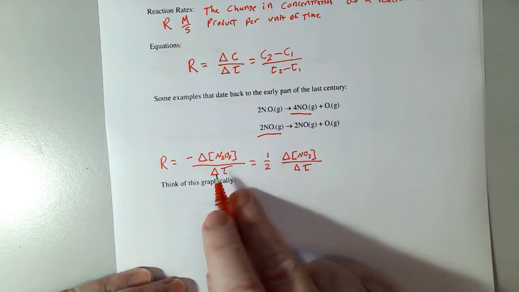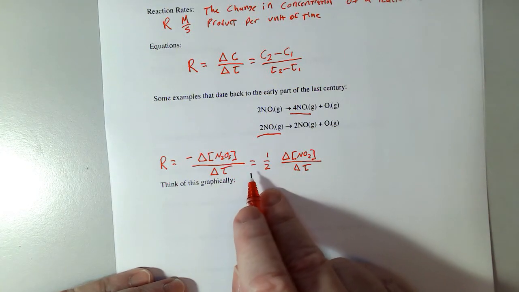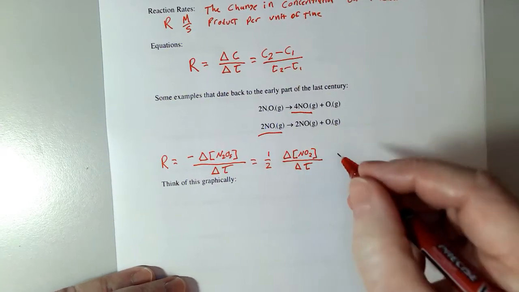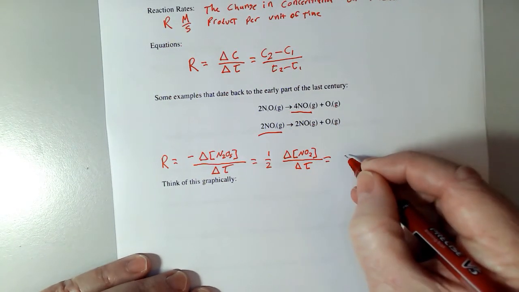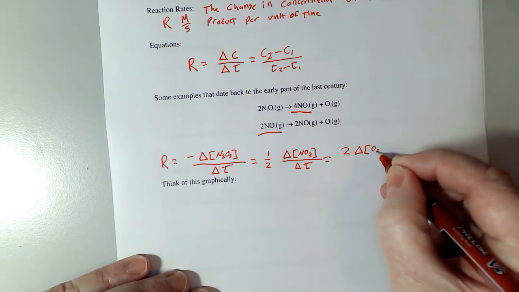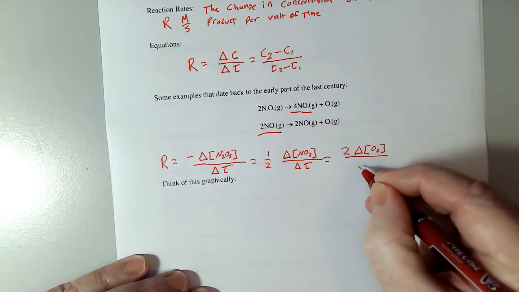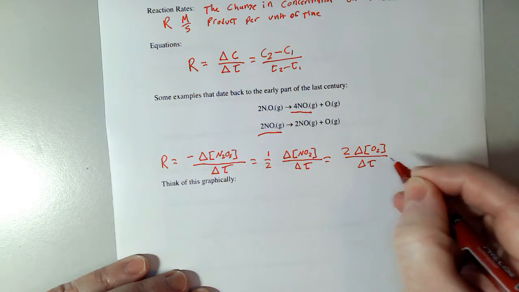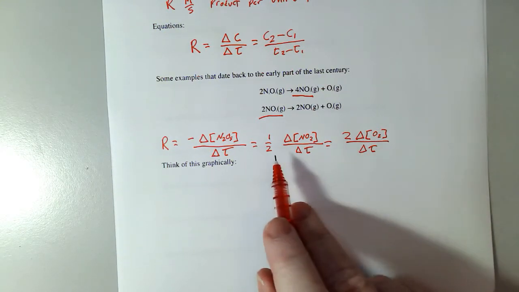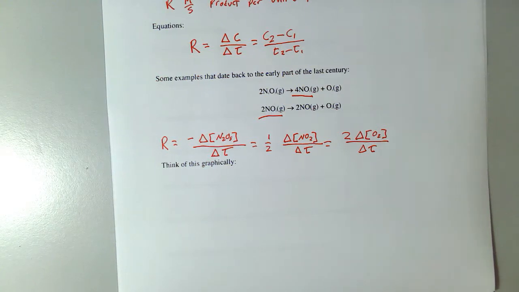So to have those rates be equal to each other, that's the important point, it would have to be 1/2 of that. Now this can also equal positive 2 times the change in concentration of O2 per unit of time. Okay? That's all just mole ratios, stoichiometric stuff. Very easy to do in a mathematical question because it's just a mole ratio like we used back when we were doing stoichiometry.